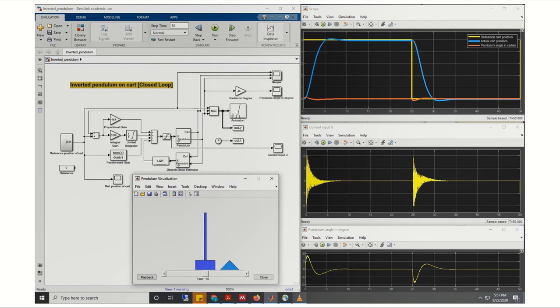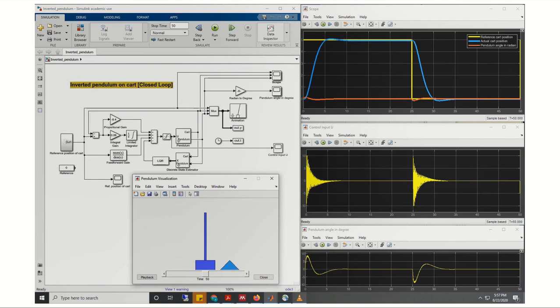There are many practical systems which depend on this particular philosophy of the inverted pendulum. The inverted pendulum is studied as a model system of a lot of different other systems. Like you can consider you're riding a bicycle.